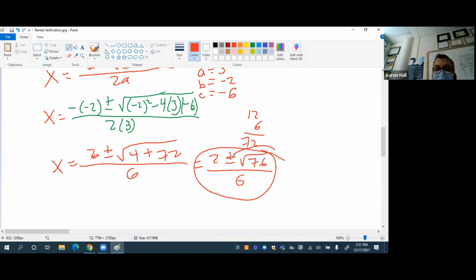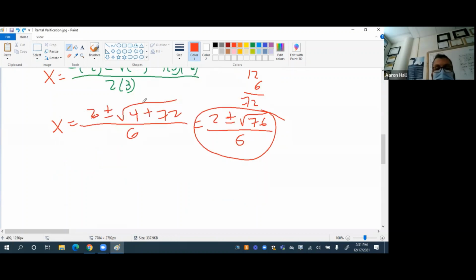How do we simplify a square root? Don't we do a, starts with an F? But we use a factor tree. So if I have 76, what times what gives me 76? 2 and 38. 2 is already a prime number.